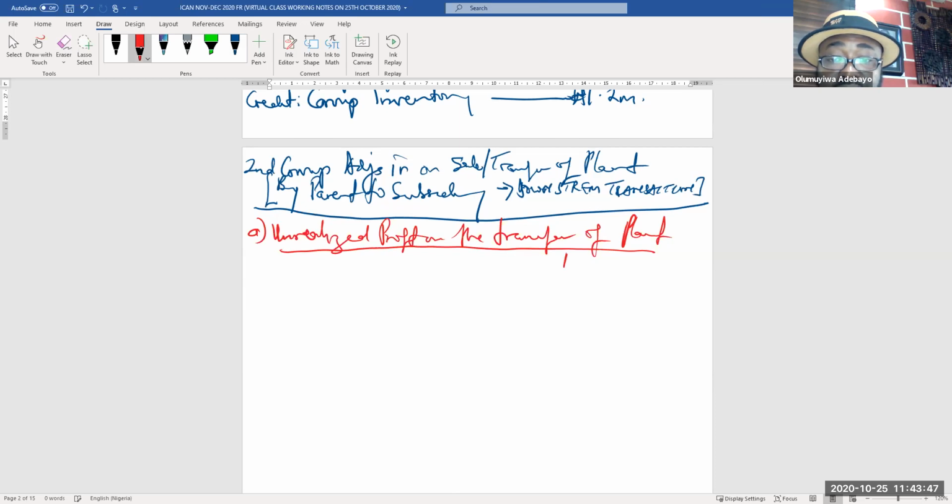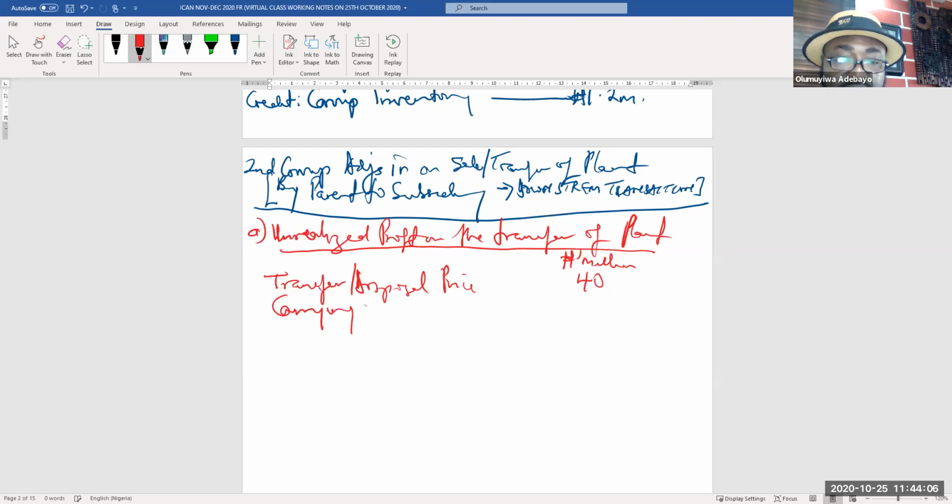And to do that is very simple. You ask yourself, what was the transfer price or disposal price? It was transferred for 40 million. To determine profit on disposal, you consider the difference between your disposal price and carrying amount, which is 36. And you discover that the profit the parent had made was 4 million.